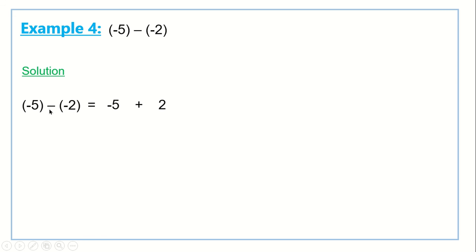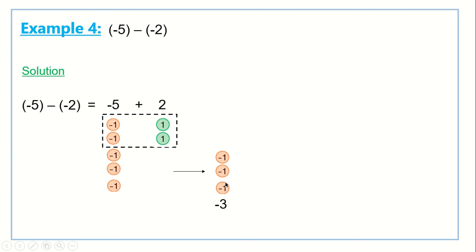So we have 5 disks of negative 1 to represent -5, and 2 disks of 1 to represent 2. And then this -1 and this 1 will make a 0 pair. Even this -1 and this 1 will make a 0 pair. So we remain with -3. So -3 becomes our final answer.